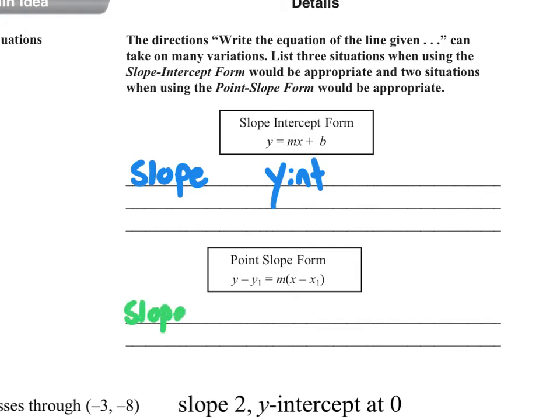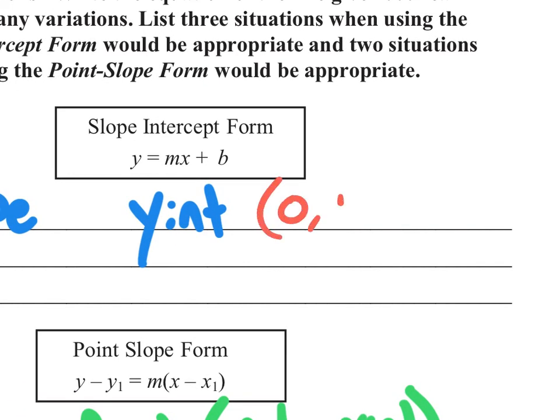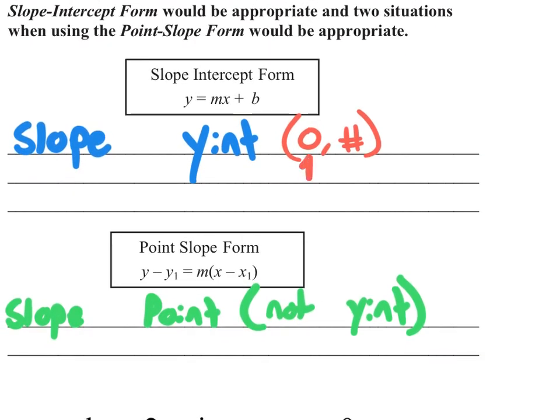For this one, if all we're given is a slope and a point, and that point is not a y-intercept, you would want to use point slope form. Now, you might be wondering, how do I know if I'm given my y-intercept, Mr. Cottle? Well, they'll either tell you that it's the y-intercept, or also a y-intercept always has a 0 for the x-coordinate. Anytime you have a 0 right there for the x-coordinate, that makes this point your y-intercept, but only when that 0 is there.